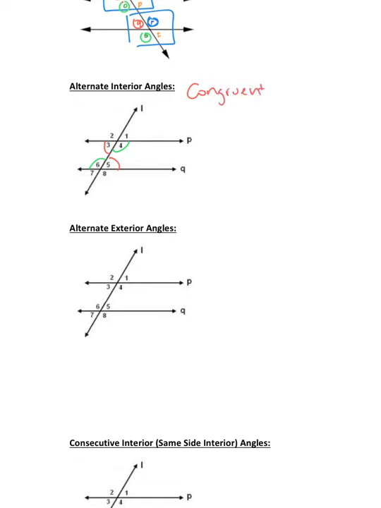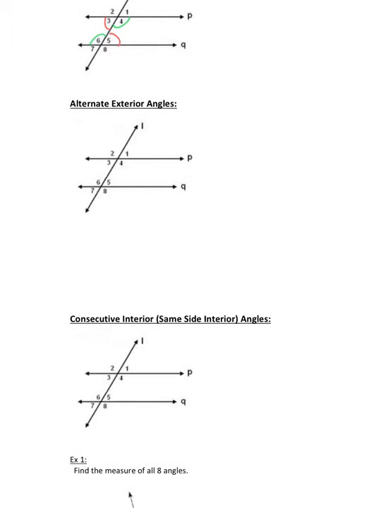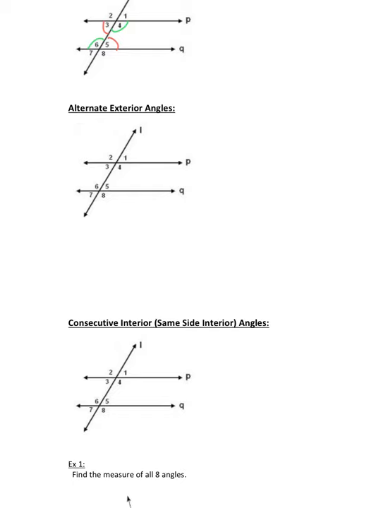We have alternate exterior angles. Those are on the exterior, on the outside of the parallel lines, alternating. So angles 1 and 7 are alternate exterior. Angles 2 and 8 are alternate exterior. And they are also congruent. They're the same measure.